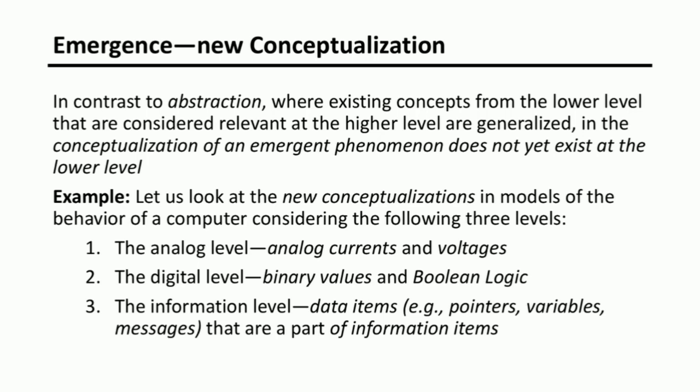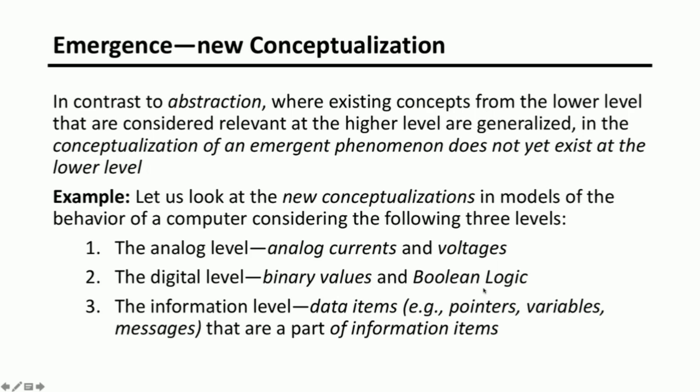I mean, this topic of emergence, let me give you an example in the computer area. If we look at the chip, we can look at it at different levels. At the level of analog circuitry, where we look at voltages and rise times and so on. We abstract from all this and say we're only interested in two stable states, true or false. Then we come to the level of Boolean logic.